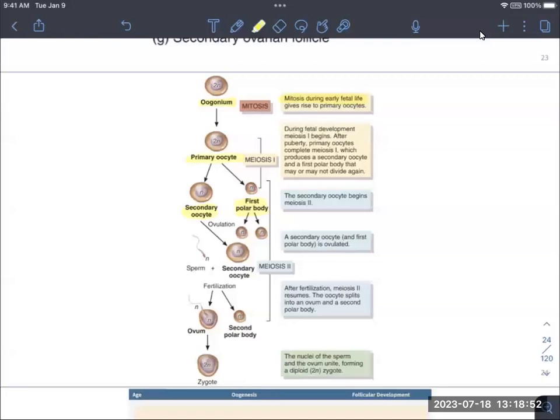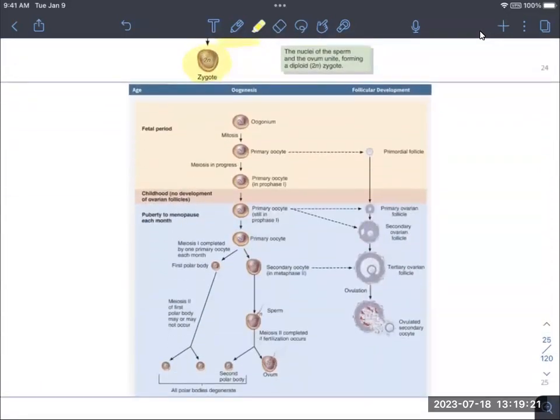A sperm comes along. A sperm penetrates the secondary oocyte. The secondary oocyte will finish meiosis too. That's what gives us the ovum with that sperm inside, and then our second polar body. The sperm and that ovum come together to form that zygote.